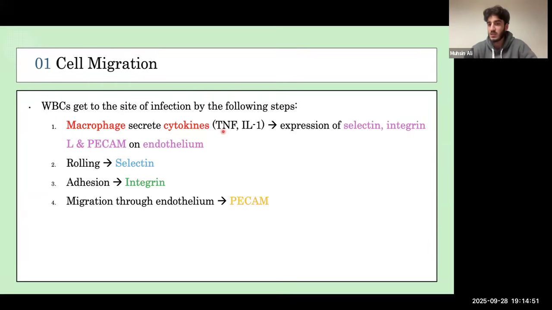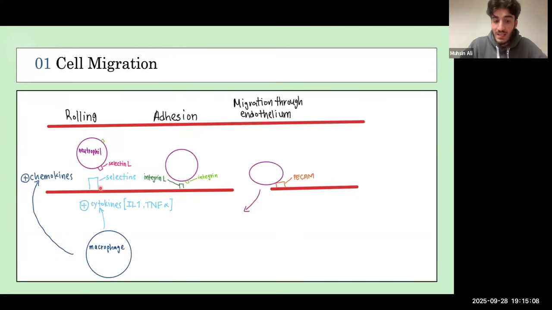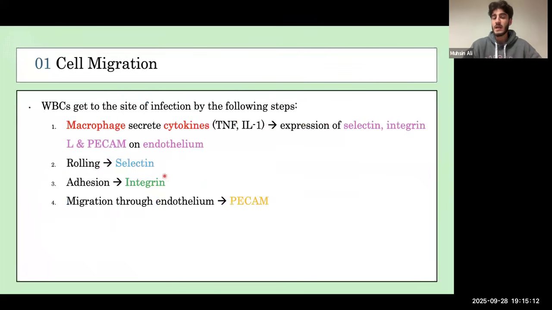Examples of cytokines are your tumor necrosis factor, this TNF, and interleukin-1. What these cytokines are going to do is they're going to express selectin, integrin, and PCAM on the endothelium. So you have your macrophage, it's going to release cytokine, it's going to result in the expression of your selectin, integrin, and PCAM on the endothelium, right?